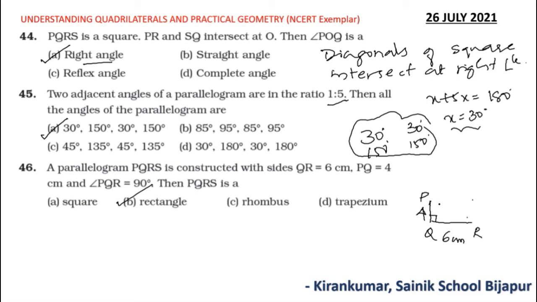Since it is a parallelogram, we can draw a parallel line to here. It will be 90 degrees. Then opposite sides are equal in a parallelogram, so we can cut 4 cm. Then we can join it. It will become a parallelogram. And in this parallelogram, if one of the angles is 90 degrees, it becomes a rectangle.